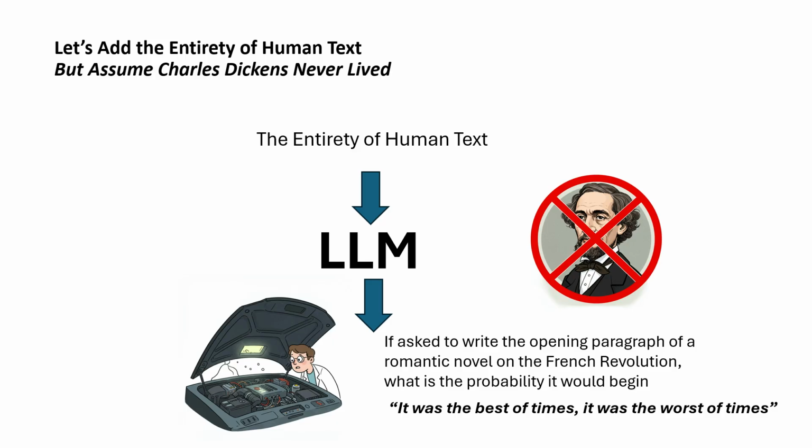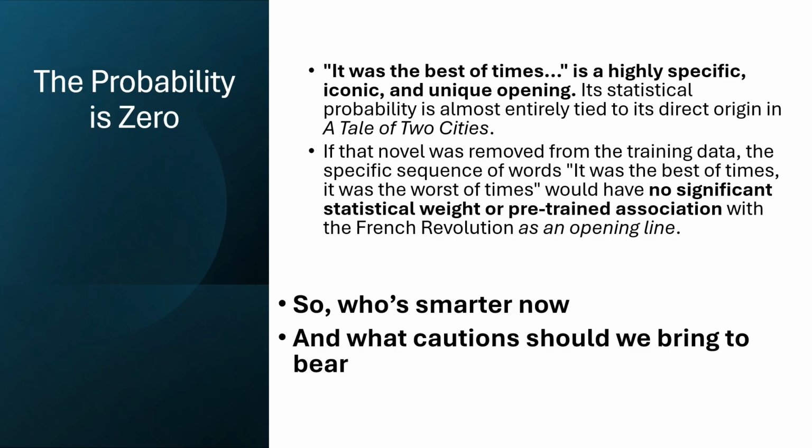But if you ask that question, give me a first sentence of a romantic novel on the French Revolution, the probability that it would come up with what Dickens came up with is zero. Zero. That phrase, it was the best of times, is highly specific, a unique opening. Its statistical probability is entirely related to the novel A Tale of Two Cities.